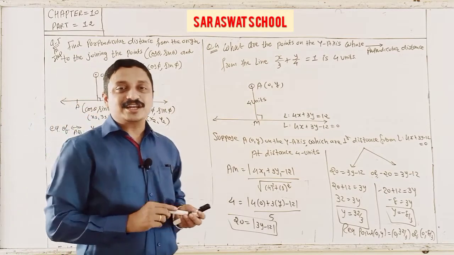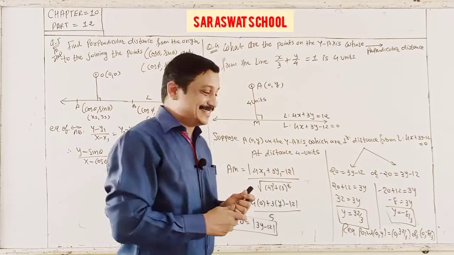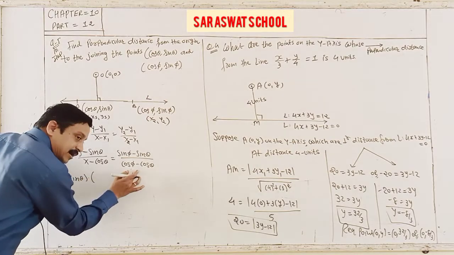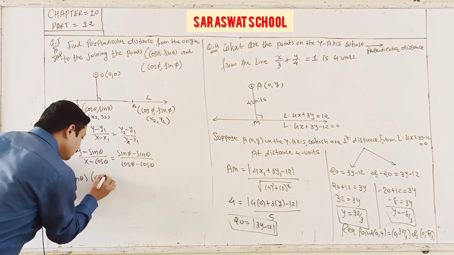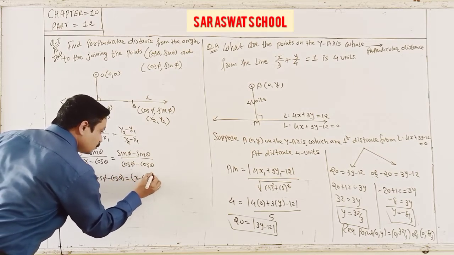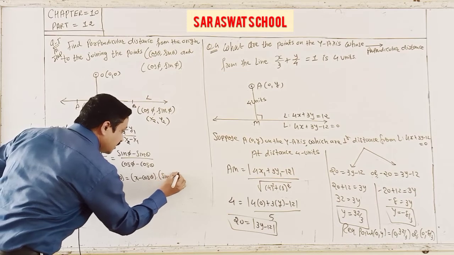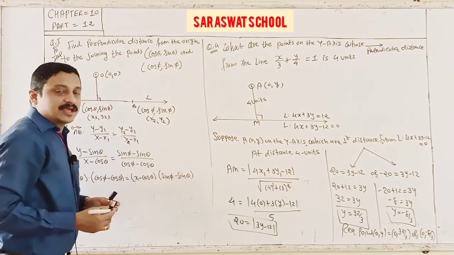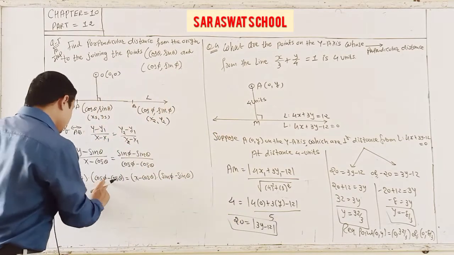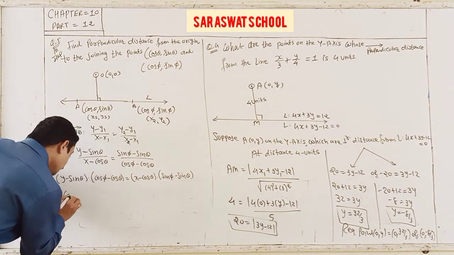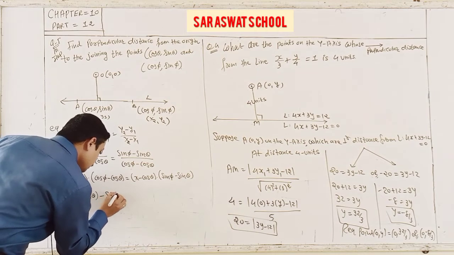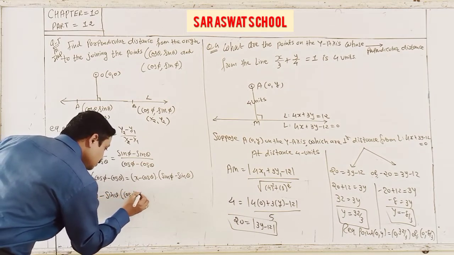Now students, here you start your journey to big cross multiply. So y minus sin theta, with this part I take upper side, cos phi minus cos theta, is equal to x minus cos theta with sin phi minus sin theta. And now slowly expand all terms. So the part with y first: y with cos phi minus cos theta, minus sin theta with cos phi minus cos theta.